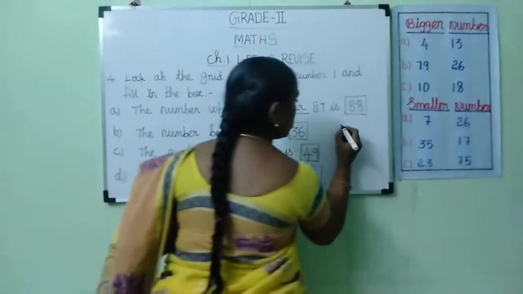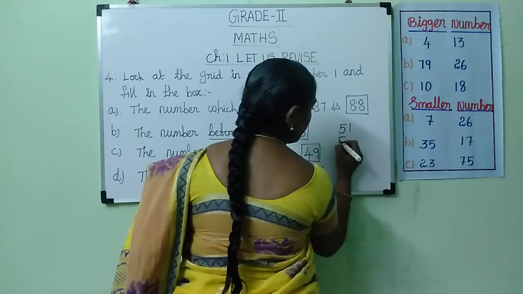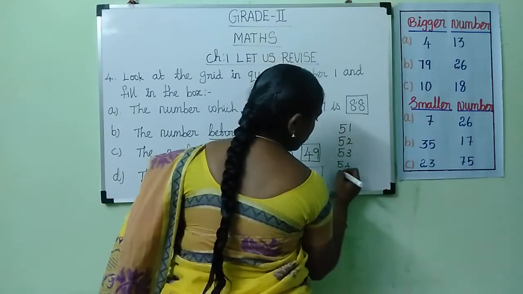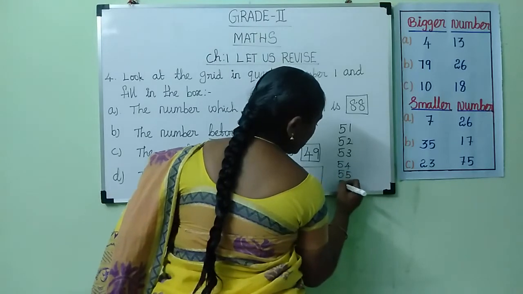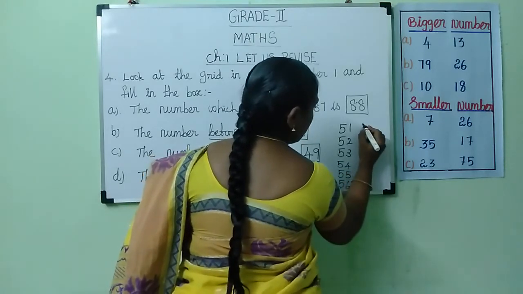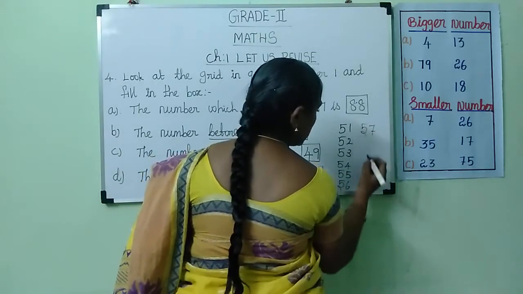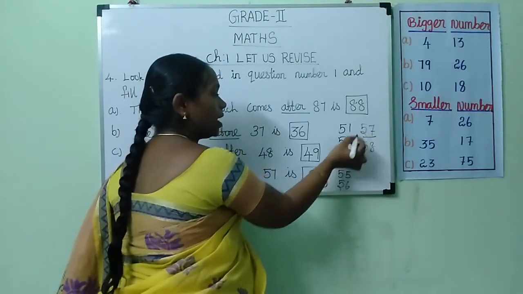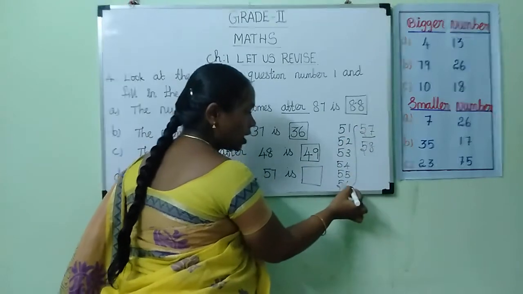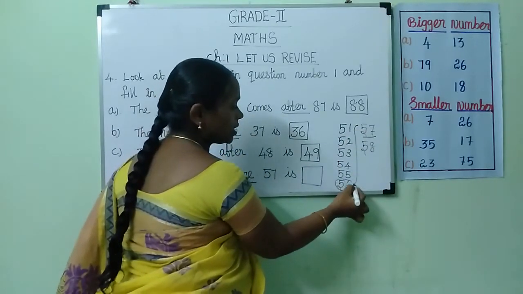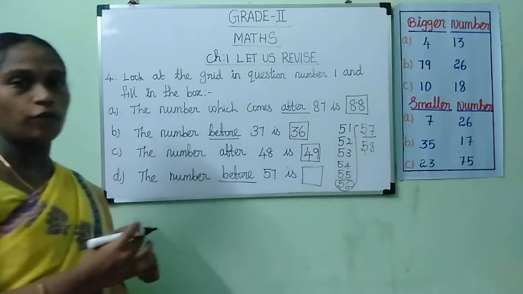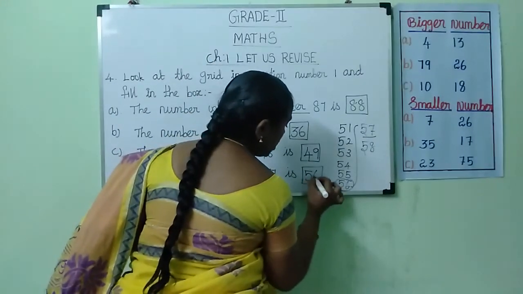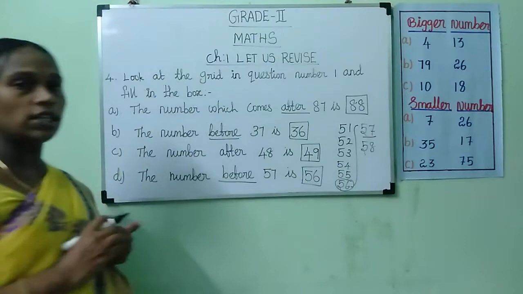See, 51, 52, 53, 54, 55, 56, 57. See here 58. The number before 57 is 56. 5, 6, 56. Are you clear, children?